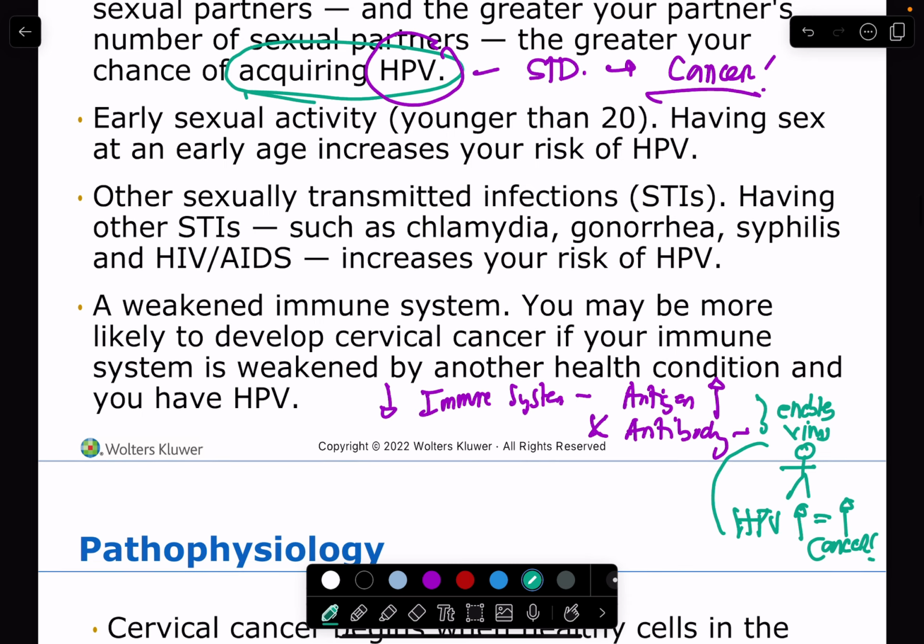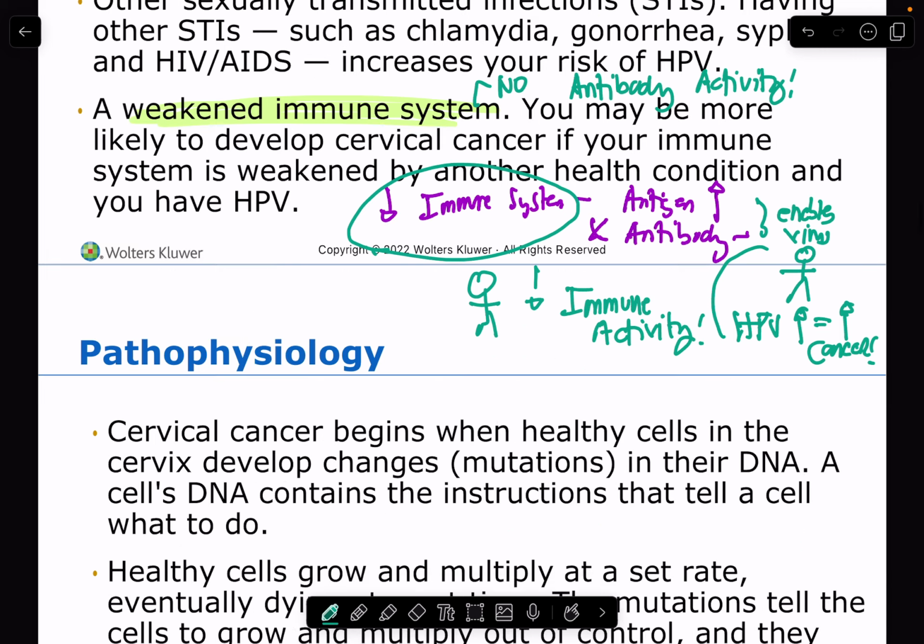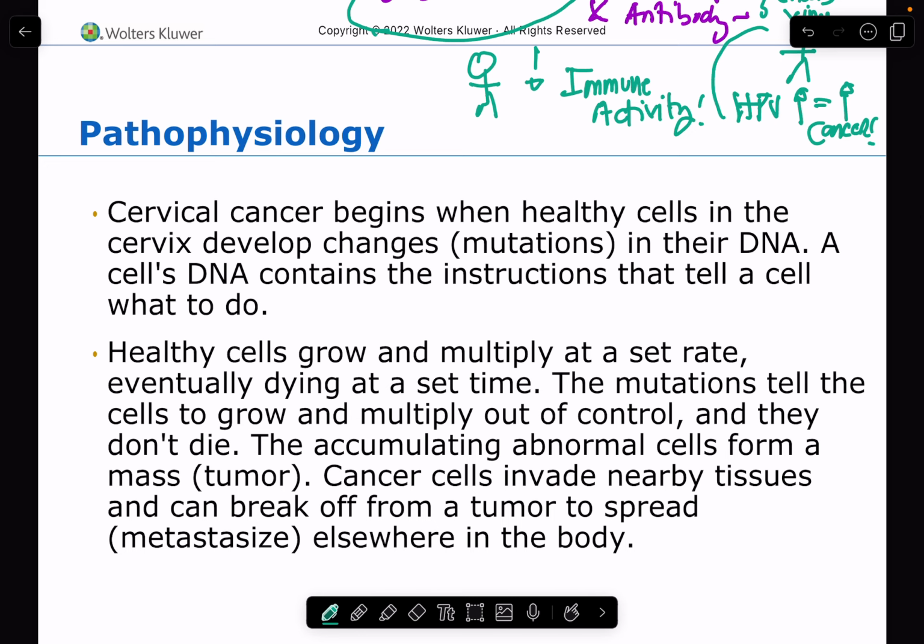So, why are you getting the virus? It's because your immune system is not functioning well. Low immune activity. Weak immune system, no antibody activity is noted, and at the same time, no antigen recognition.